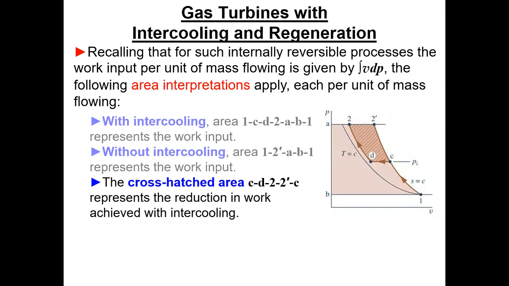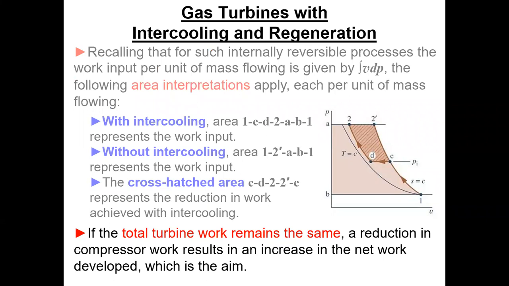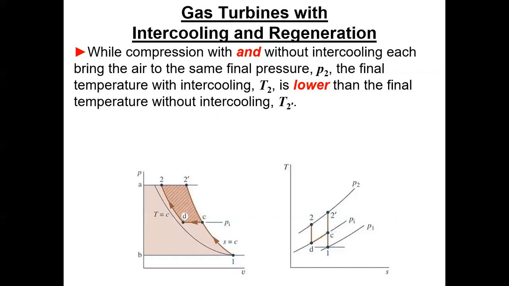So, you know, probably a good investment. If the total work out of the turbine remains the same, and we have a reduction in compressor work, then if we get the same out of the turbine and subtract off less for the compressor, we'd have an increase in net work.